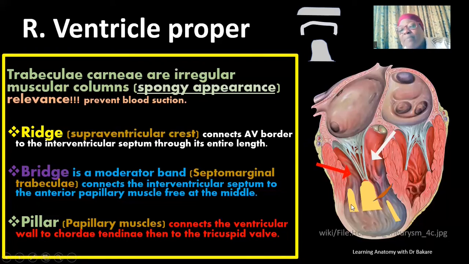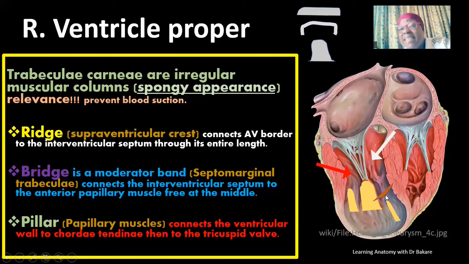For the papillary muscle, we see the way they emerge and their connection points with the chorda tendineae and the tricuspid valve, and also the supraventricular crest that demarcates the smooth and the rough part of the right ventricle. And you see that they are connected to the right ventricle through their entire length, and also the septomarginal trabeculae that is seen like a bridge that connects the anterior papillary muscle with the interventricular septum. And we see that the middle of the septomarginal trabecula is free.